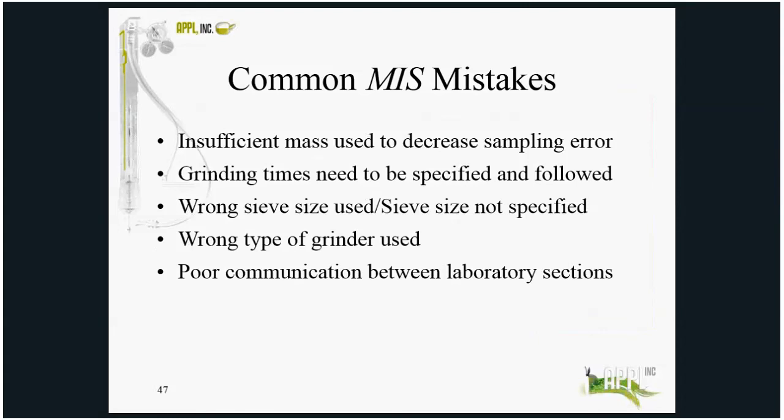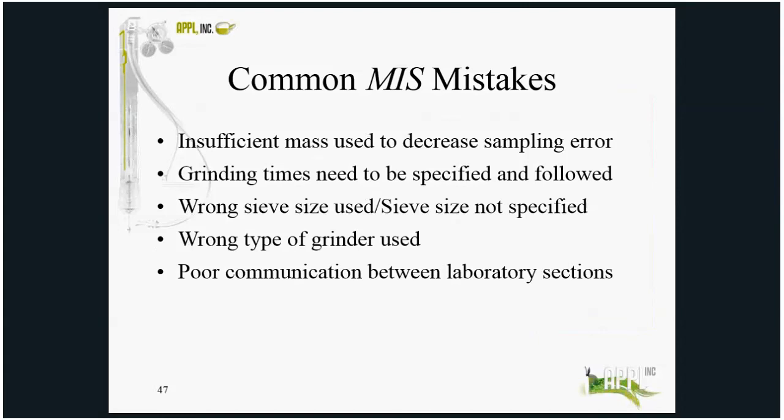The amount of time the sample needs to be ground is also important to obtain the desired particle size, and at the same time not losing any of your analytes. If bioaccessibility is evaluated, the proper sieve size will need to be identified, and the proper grinder must be used. And the communication, like I said before, within the laboratory has to be clear.